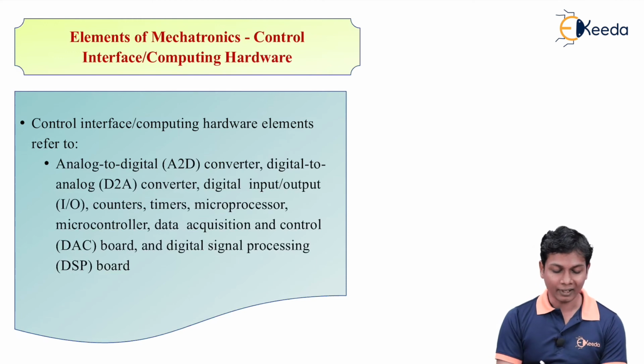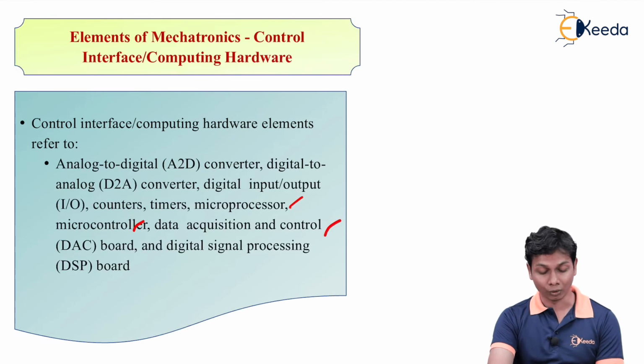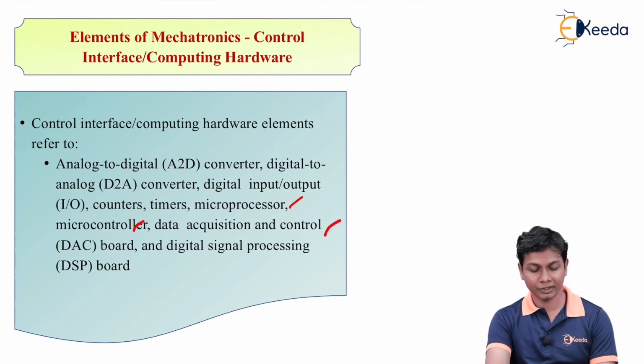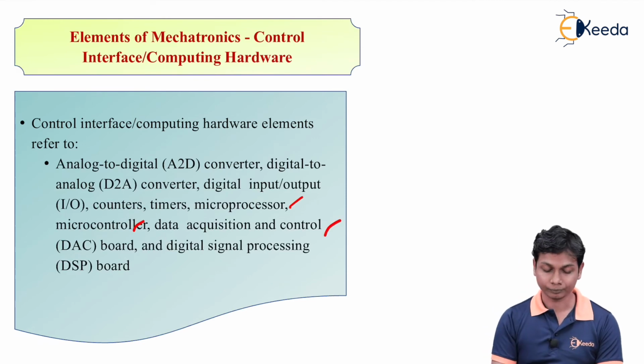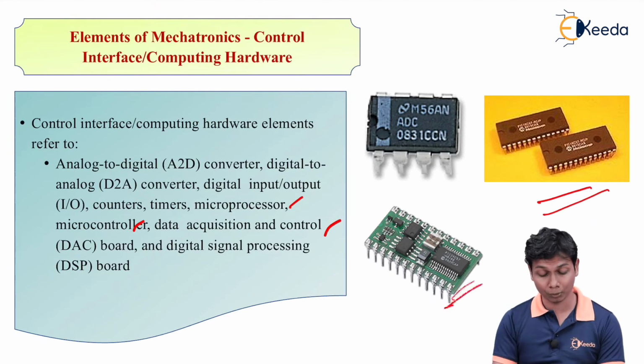So, in that the various examples are microprocessor, microcontroller, data acquisition board, also digital signal processing board. Here is an example of a signal processing board. Here is our microprocessor or microcontroller board.